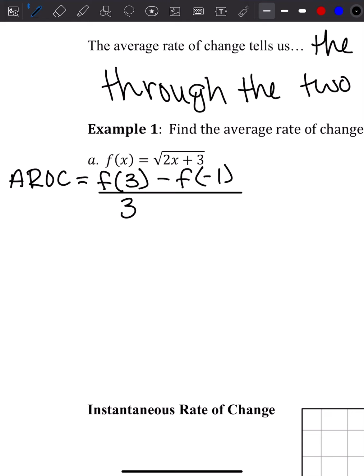So f of 3 minus f of -1 divided by 3 minus -1. So f of 3, we're going to plug in 3 to our function. And we are going to subtract what it looks like when we plug in -1.